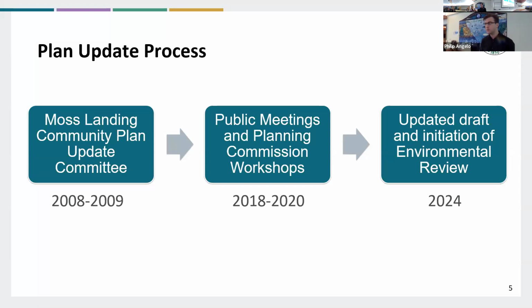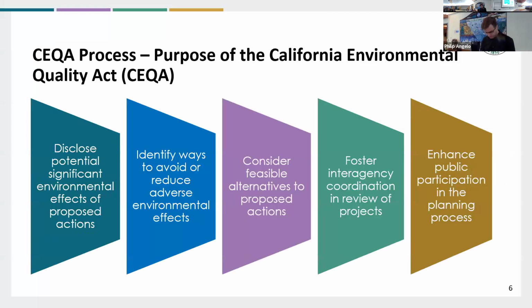Between 2018 and 2020, there were a series of community meetings and planning commission workshops to refine the plan. And that brings us today, where the county has posted an updated draft of the plan on our website dated December 6, 2024. And we're initiating environmental review on the plan update.